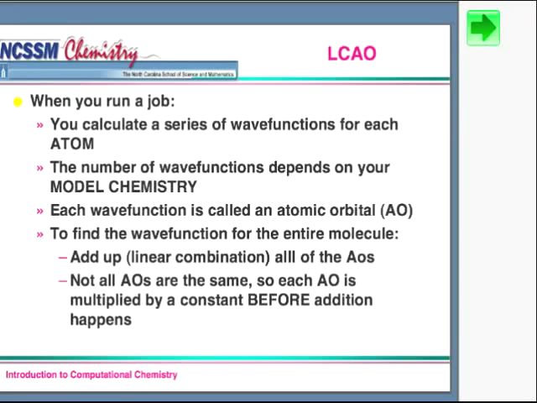One of the atomic orbitals may get multiplied by a big number like 0.7 because it contributes 70% of the final answer. The other ones might be multiplied by 0.1 or 10% or 0.05 or 5%. Depending on the relative value of the atomic orbitals, they get multiplied by a constant, and we'll get into that mathematics later on in some of the other labs.